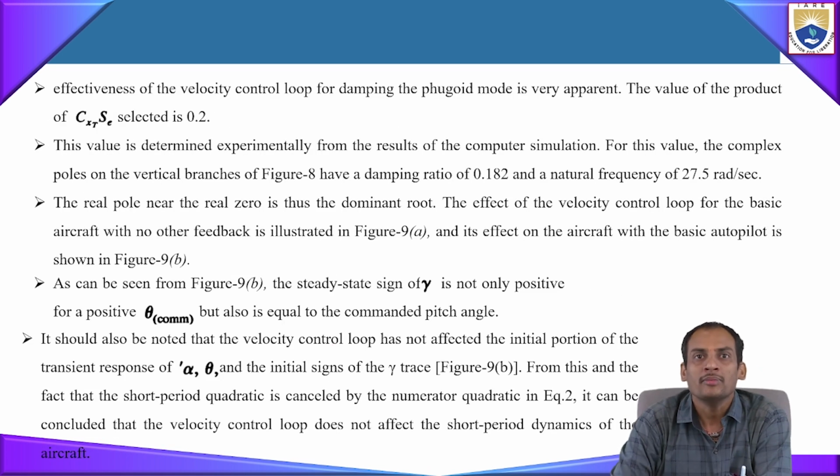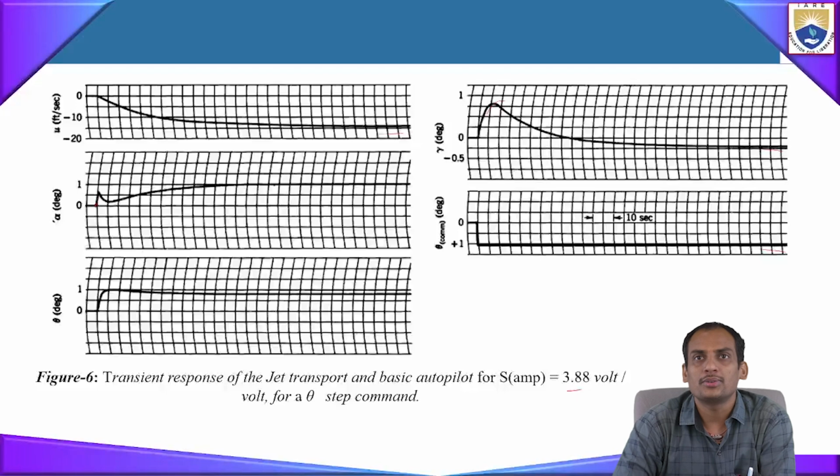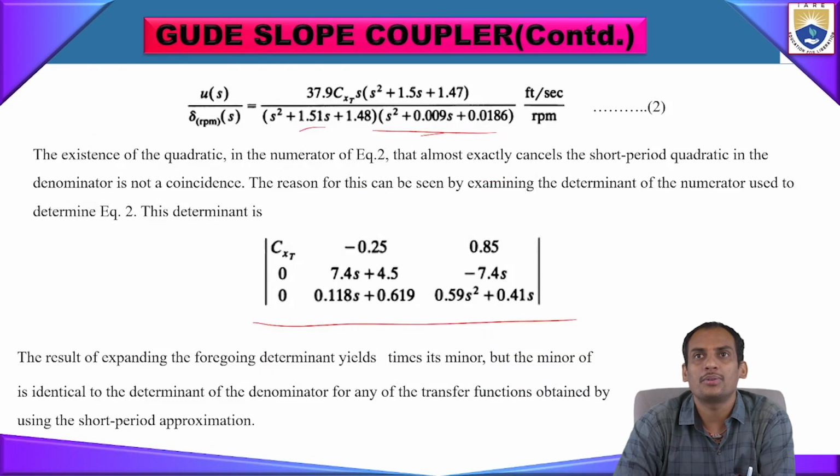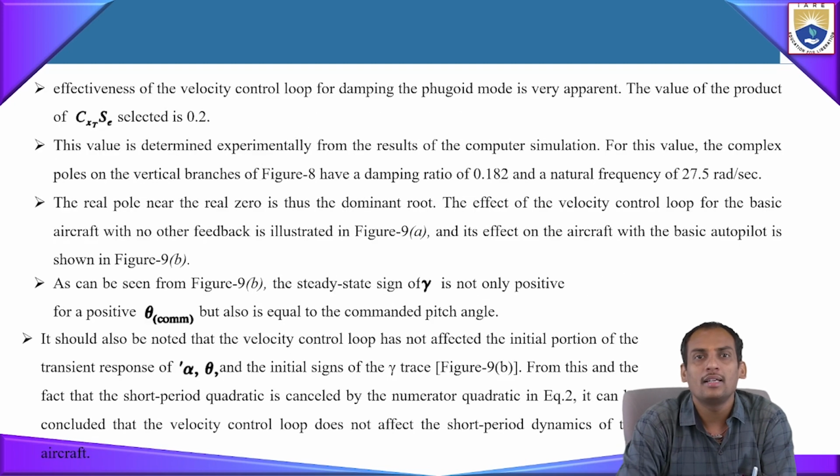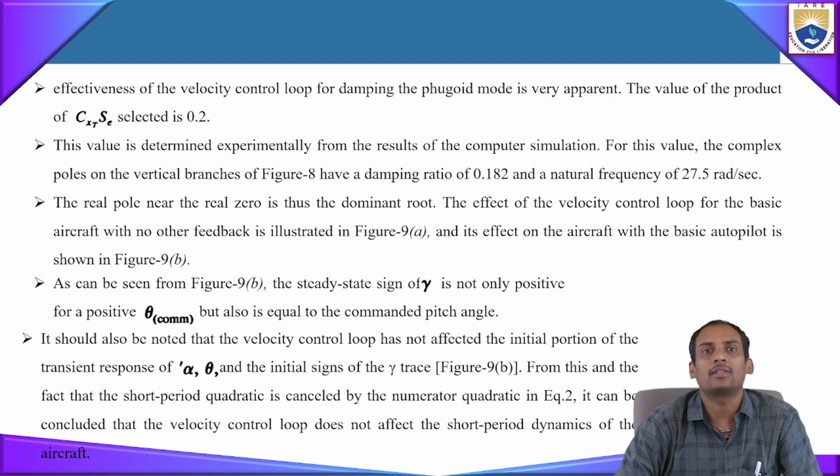From this, the fact is that the short period quadratic is cancelled by the numerator quadratic in equation 2. So if you see equation 2, here the numerator has been cancelled, and it can be concluded that the velocity control loop does not affect the short period dynamics of the aircraft.